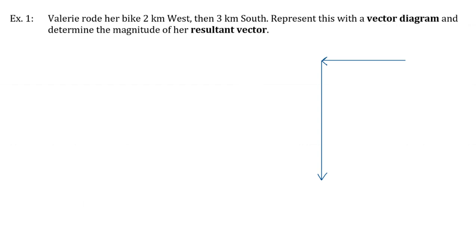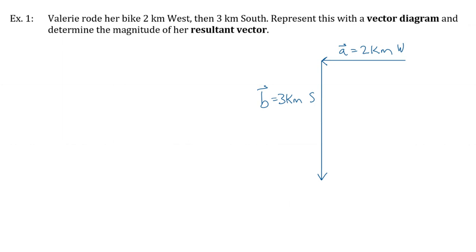And when we draw vectors like this, we definitely put arrows to show their direction. So I'll call this vector A, which was 2 kilometers long and west. And I'll call this vector B, which was 3 kilometers long and south.